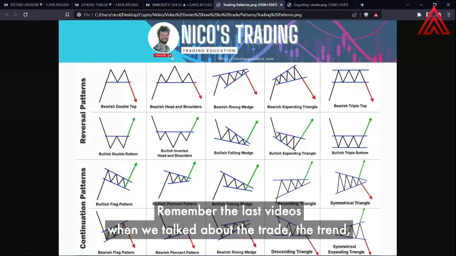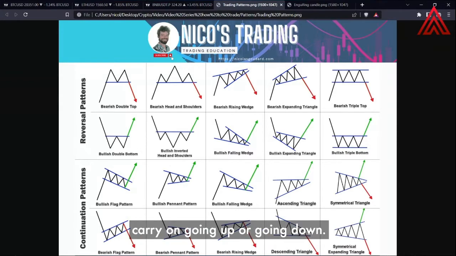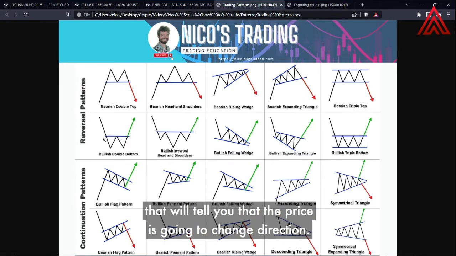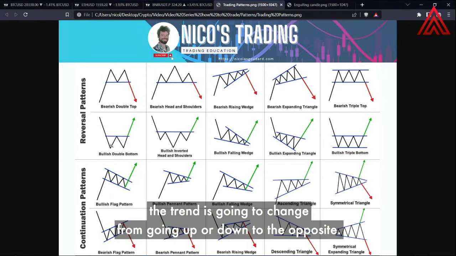Remember last videos when we talked about the trend, the price is going to carry on going up or going down. So those are continuation patterns. And then you've got the reversal patterns. Those are patterns that tell you the price is going to change direction, so the trend is going to change from going up or down to the opposite.